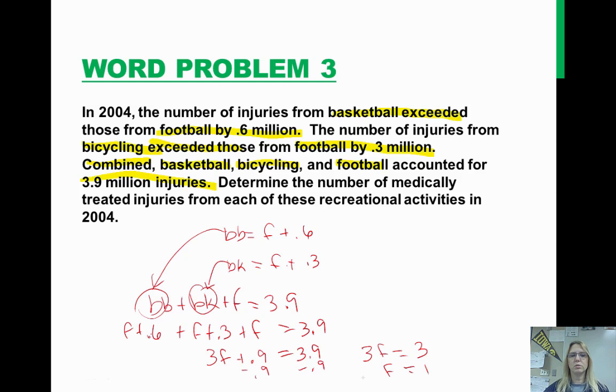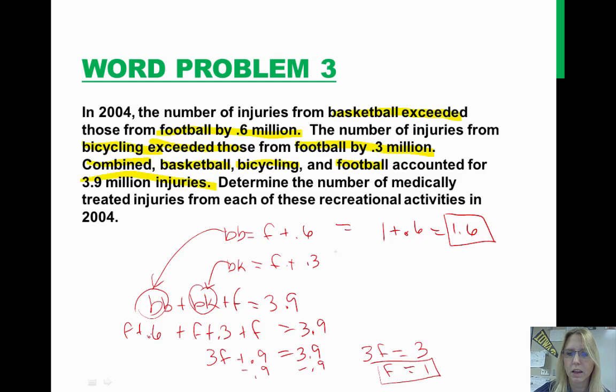So in the year of 2004, we had 1 football injury. And remember, we're talking about millions. So there's 1 million football injuries. Okay? And if I plug that back in for basketball, I know that we have 1 plus 0.6, or 1.6 million injuries for basketball.